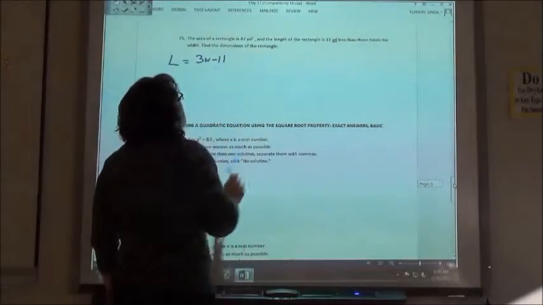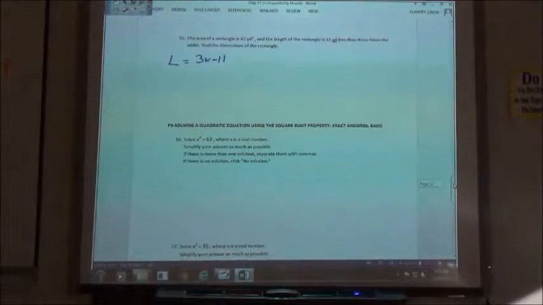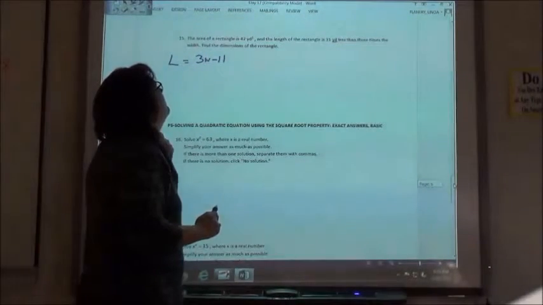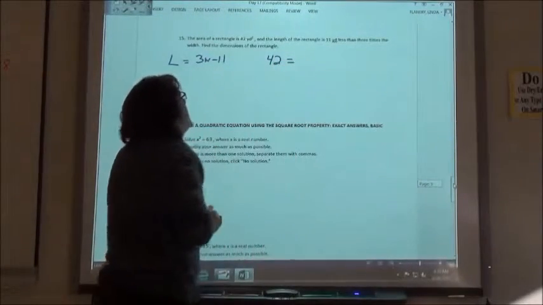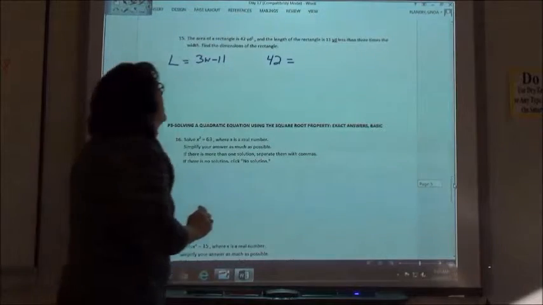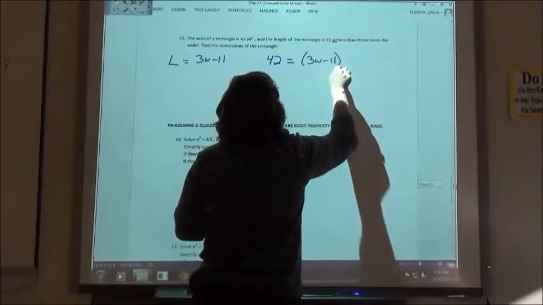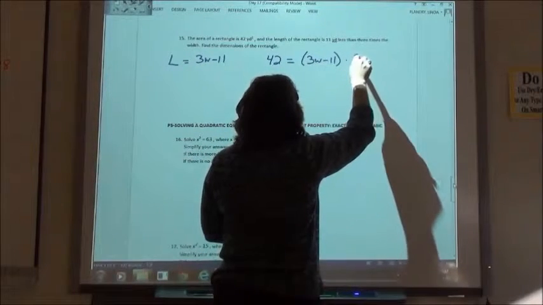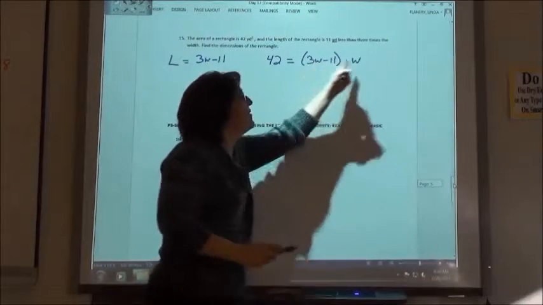We know that the area is 42, so what can we write down for our equation? 42 equals 3W minus 11, and we're not done. Times W. The length times the width, right?